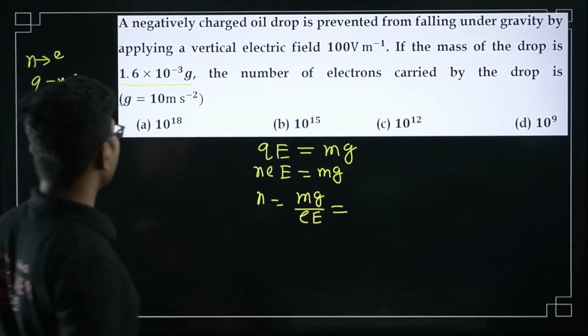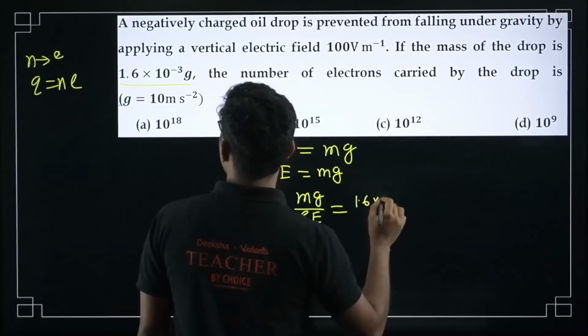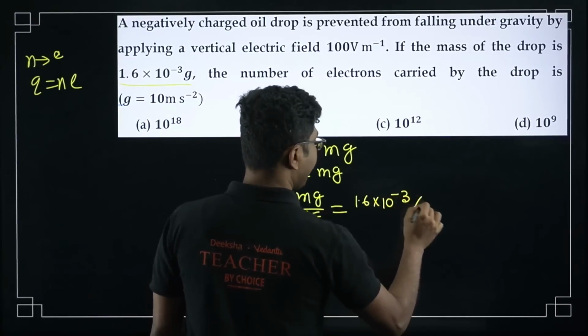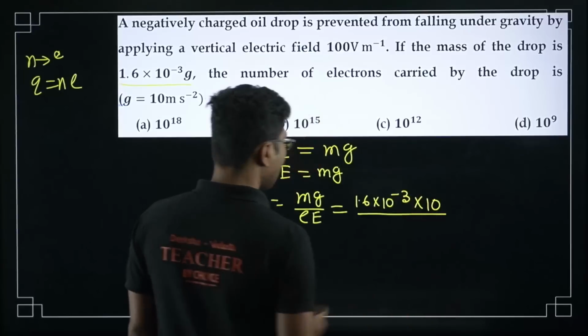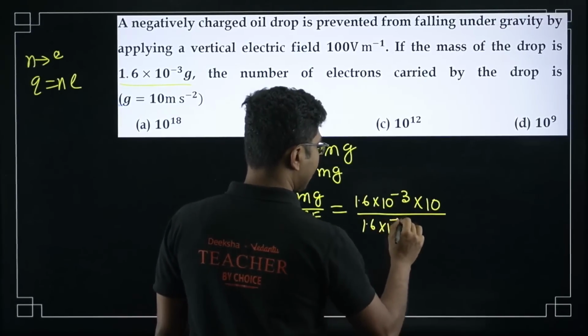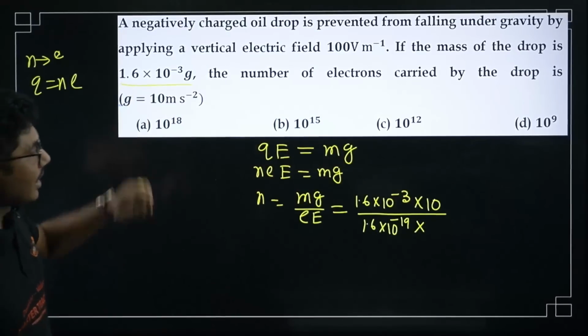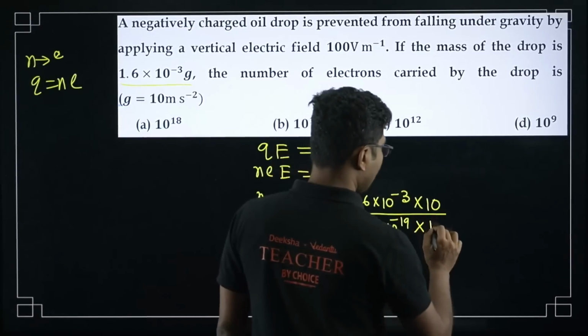Now the mass of the drop is 1.6 into 10 to the power of minus 3. Gravitational acceleration we take as 10. e is 1.6 into 10 to the power of minus 19, and the electric field is given by 100 volt per meter.